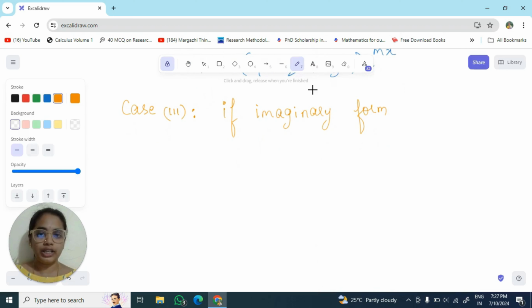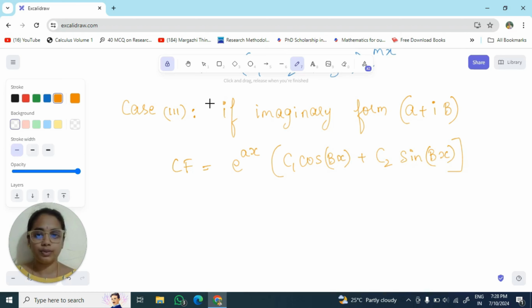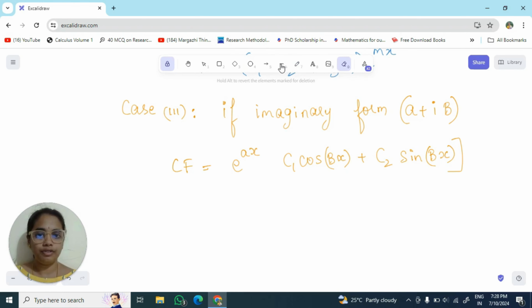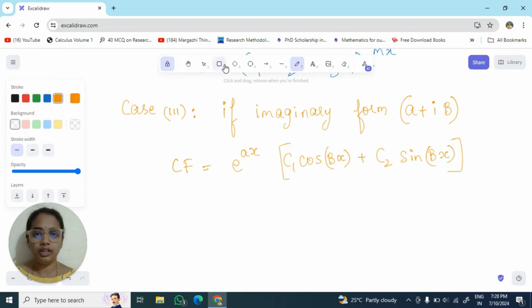We usually get it in the form of a plus ib. Agree? A plus ib, or in some of the books they would have mentioned it as alpha, beta, anything is fine. Then the CF would be of the form e to the power ax, the real part, into C1 cos bx plus C2 sin bx. Okay, this would be our CF for imaginary roots.